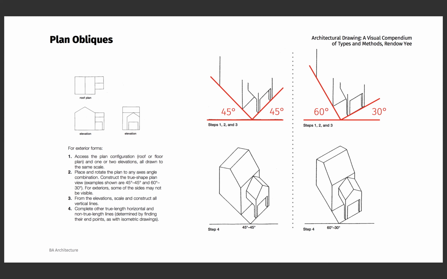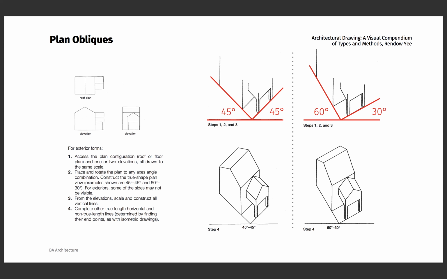And here's then Yee's method of constructing a plan oblique drawing from a plan and two elevations. You can see there are very small drawings on the top left, a plan, an elevation and a second elevation, and then how you might use those to begin to construct the three-dimensional drawing. In the left-hand column it's a plan oblique drawing at 45, and in the right-hand column it's a plan oblique drawing at 60-30.